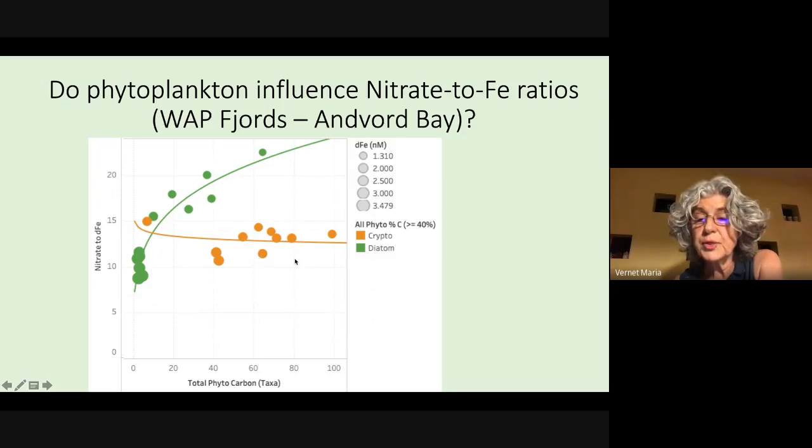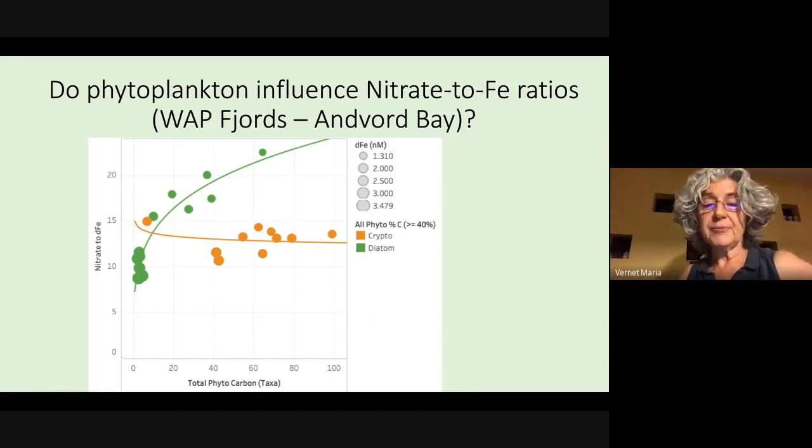That is not true when the cryptophytes bloom. Their concentration is always at the same nitrate-to-iron ratio, meaning that they absorb at the same rate as the environment, while the diatoms strip the water column from iron, and the ratio increases as the bloom of diatom increases.